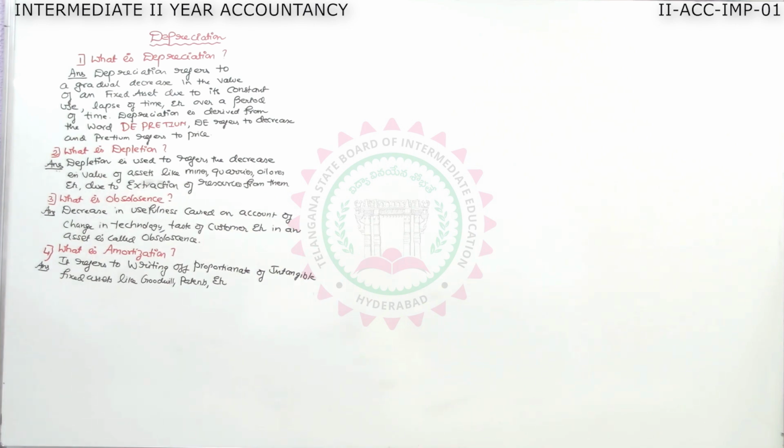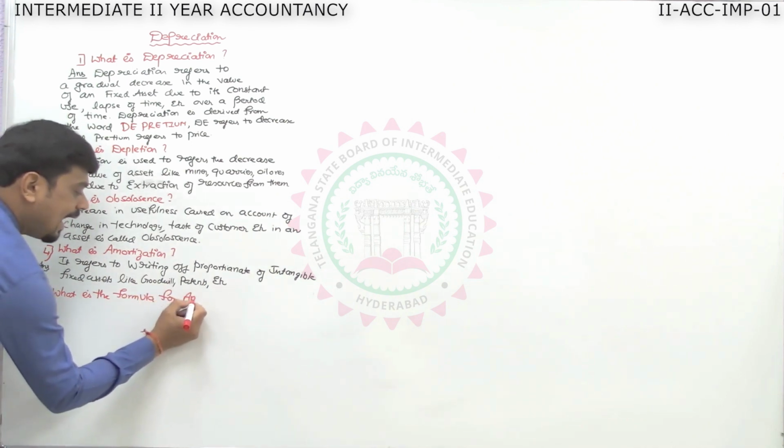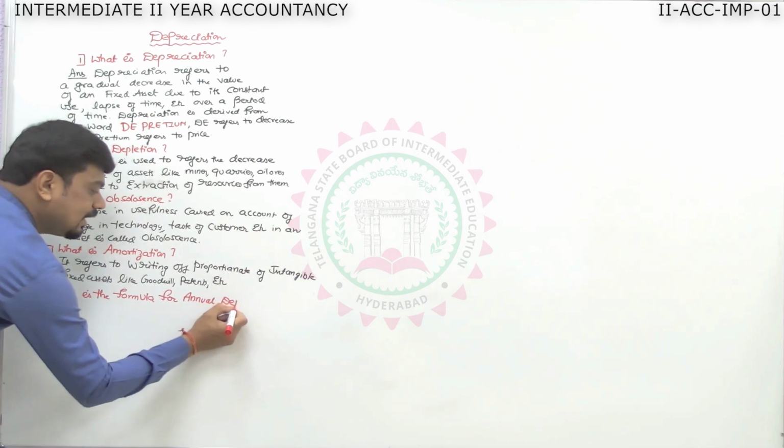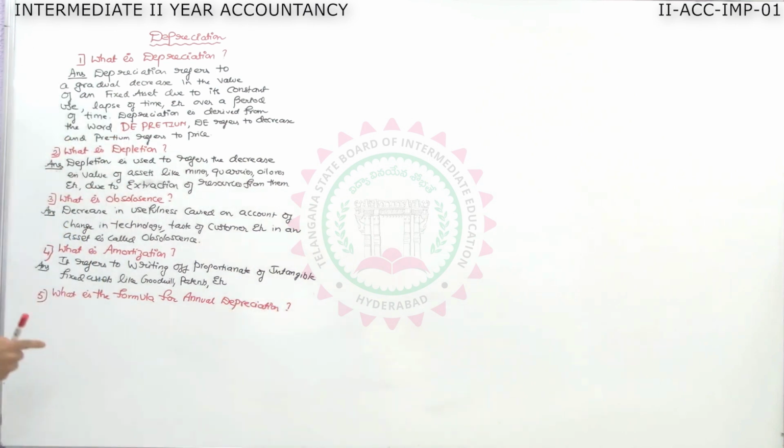Then, what would be the second phase in this chapter where we can expect another question? You can expect the examiner to ask what is the formula for annual depreciation. Very simple.